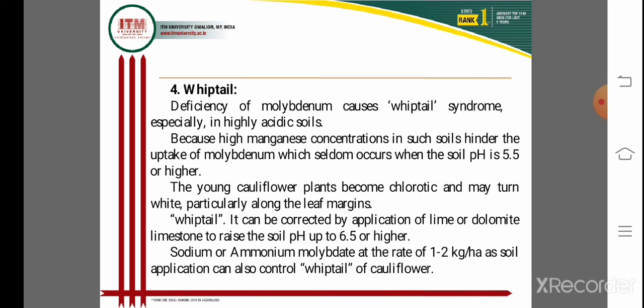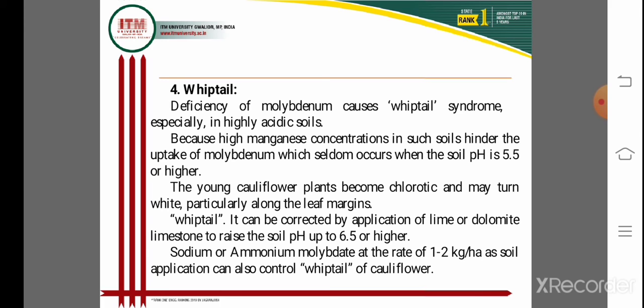In young cauliflower plants it causes chlorotic and whitish patches, particularly along the leaf margins. Whiptail can be corrected by the application of lime or dolomite, or limestone, to raise the soil pH up to 6.5 or higher.